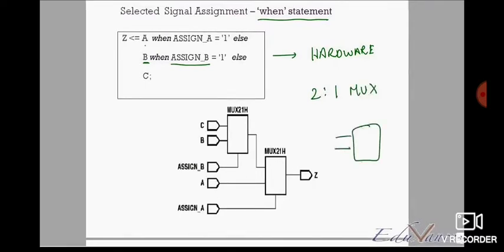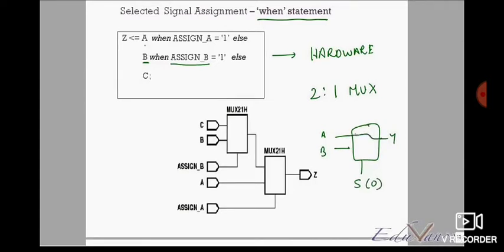Just a quick reminder of what a multiplexer is: if I have inputs A and B and output Y, if my select is 0, then Y is equal to A, and if my select is 1, then Y is B. This is a 2:1 multiplexer.